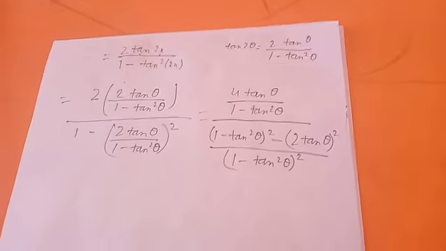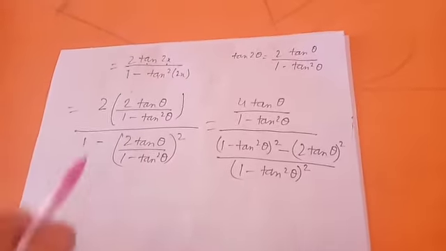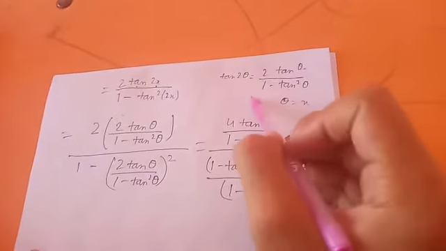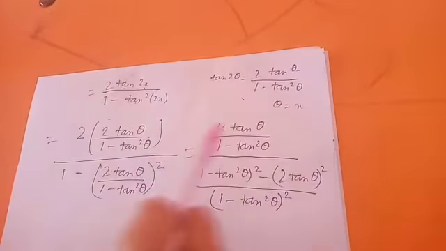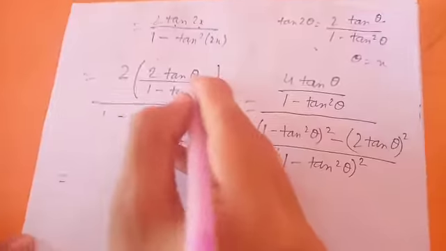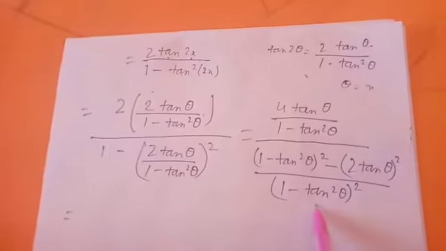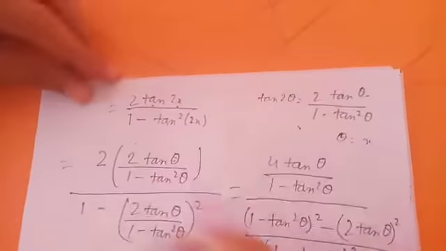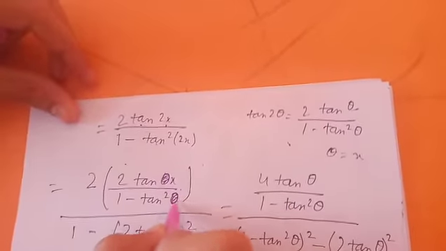Okay, now here our theta is equal to x. So at every place now we can use x. Or just simply, in place of these two steps, at every place you can replace theta by x.